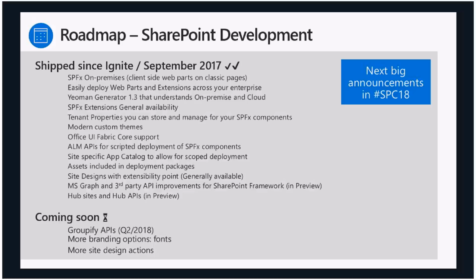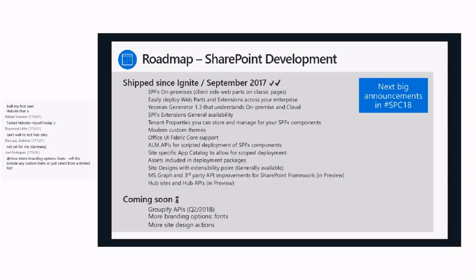Right now, we have a pretty limited set of site design actions available, like creating a list, associating a site to the hub, activating a theme and a few others. But compared, for example, to SharePoint PnP provisioning, it is a super limited set of things.